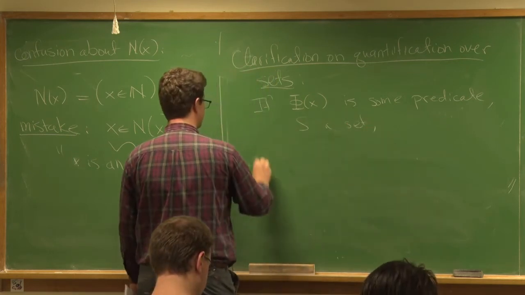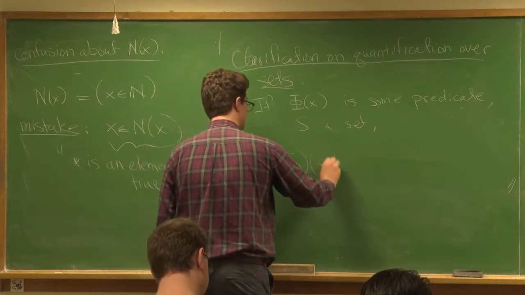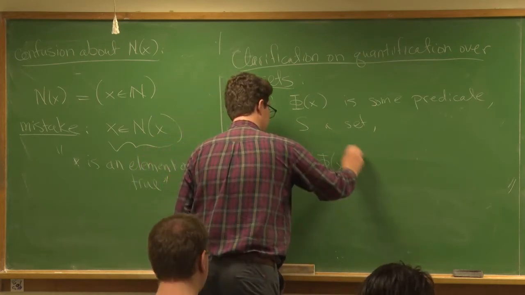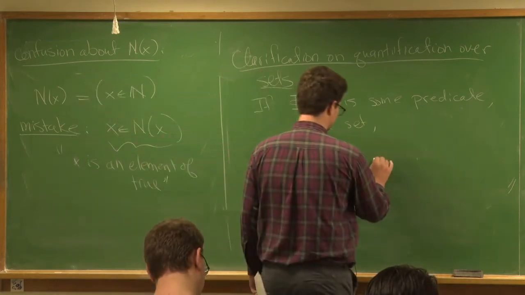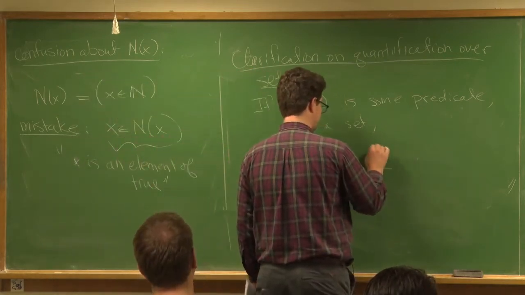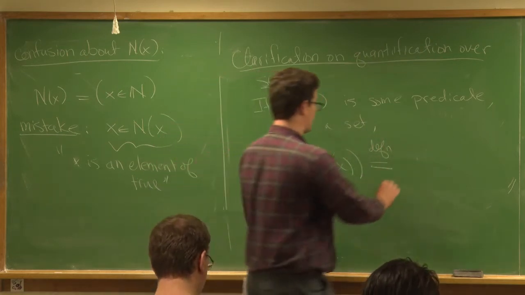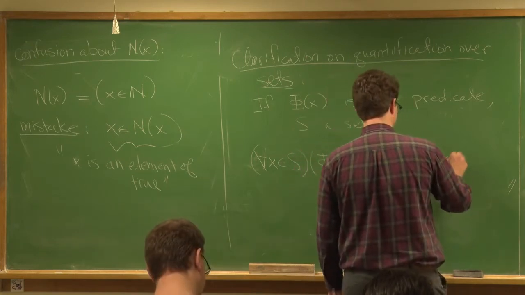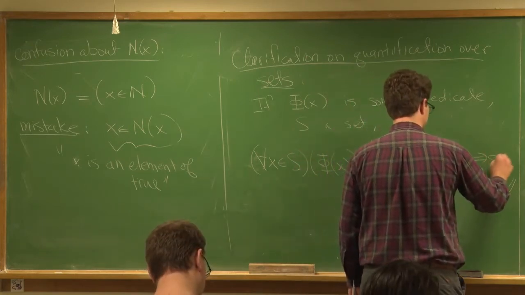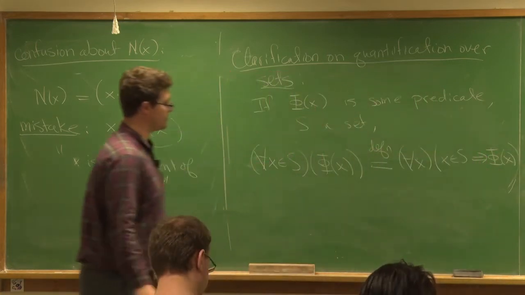Then the statement for all x an element of S, phi of x, this thing is really by definition saying that for all x in our universe, x is an element of S implies phi of x. So that's how you can convert between the two.